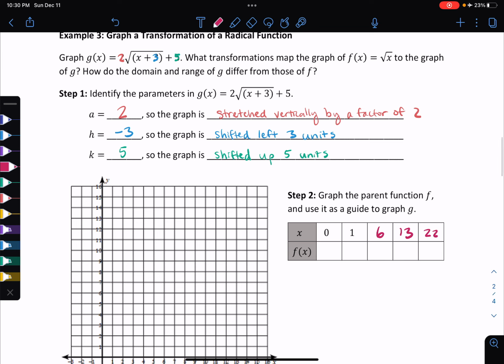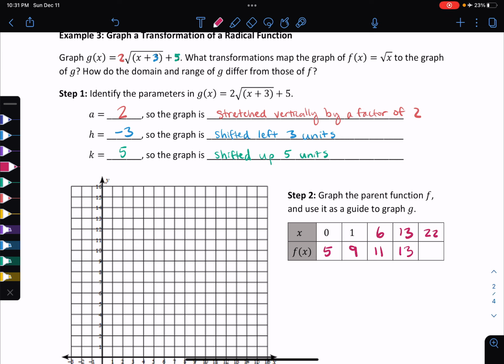All right, so 0 gives me 5 when I plug 0 in up here, right? 1 gives me 2 times the square root of 4, which is going to be 4, plus 5 gives me 9. 6 gives me 2 times the square root of 9, which is 3, so 6, plus 5 gives me 11. 13 is going to give me 2 times the square root of 16, which is going to give me 8, plus 5 gives me 13 again.